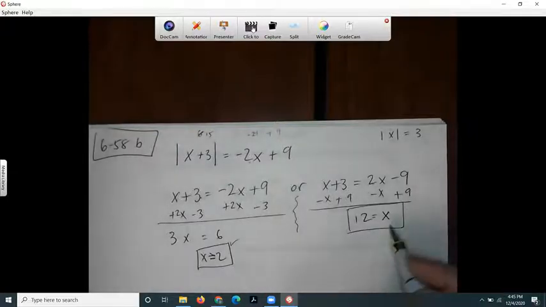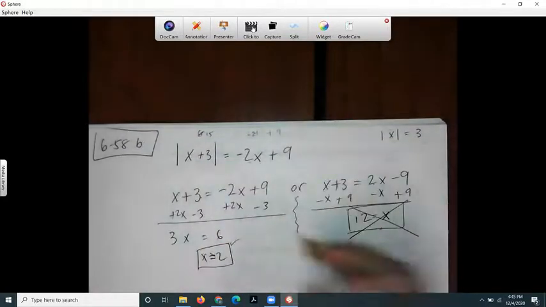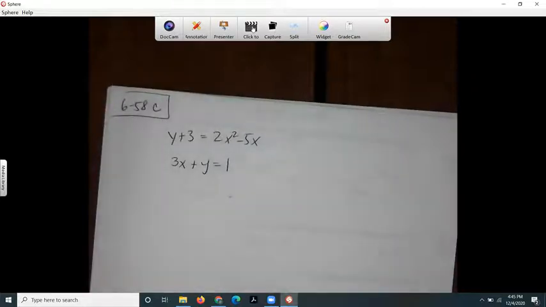So this one doesn't work. It almost works, but you can't have a negative 15. So this part is not a solution. When I plug it in, it didn't work out, but this is a solution. So that was letter B. These are all tricky ones.